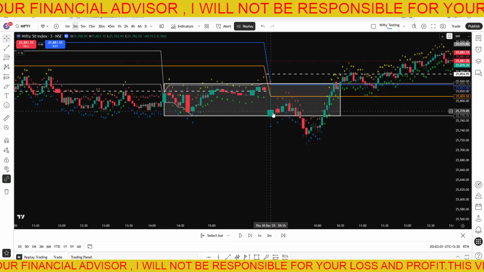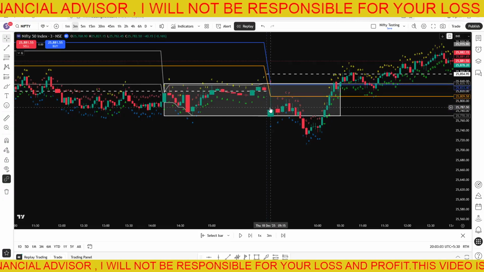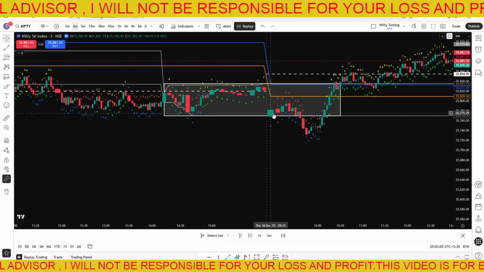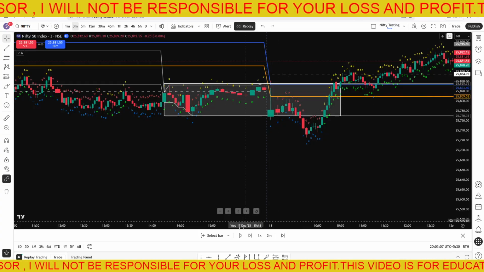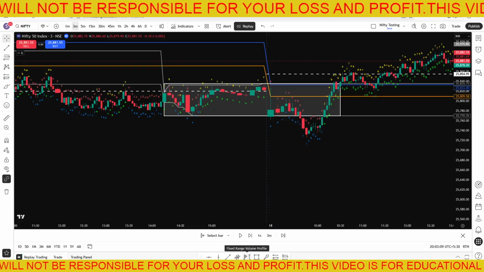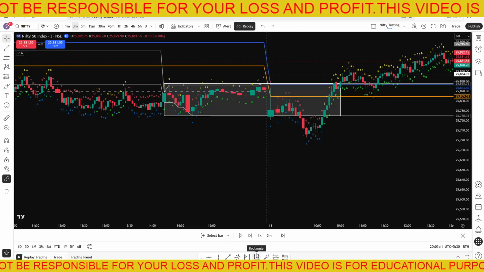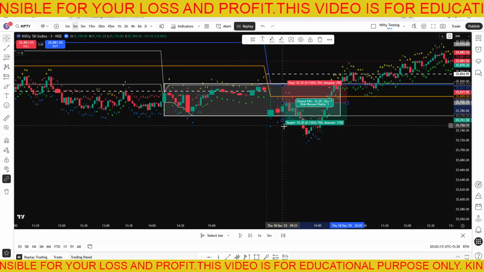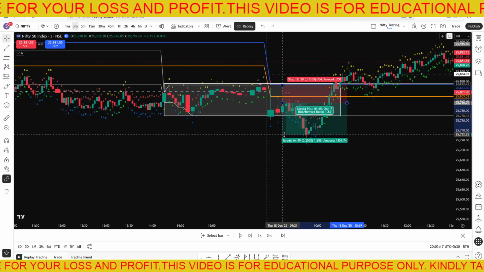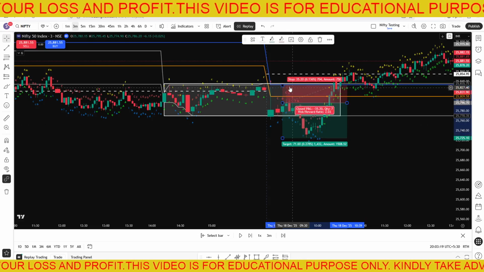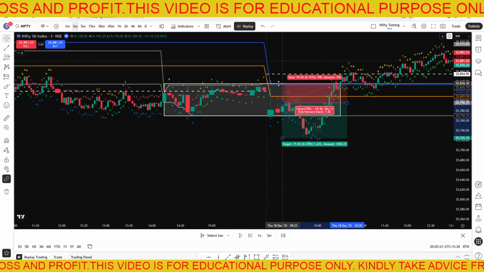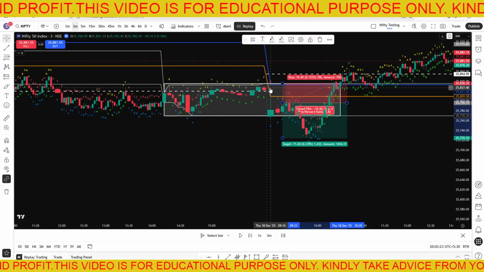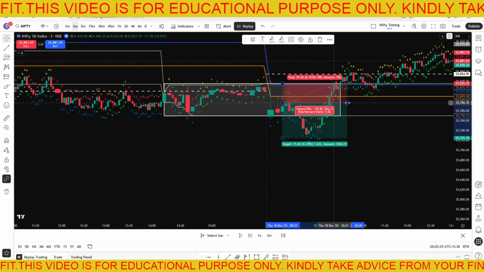As I said, the wick is quite big, so we will take the entry at pullback only, as we saw in the earlier case as well. Stop loss is just above the first candle with some buffer.